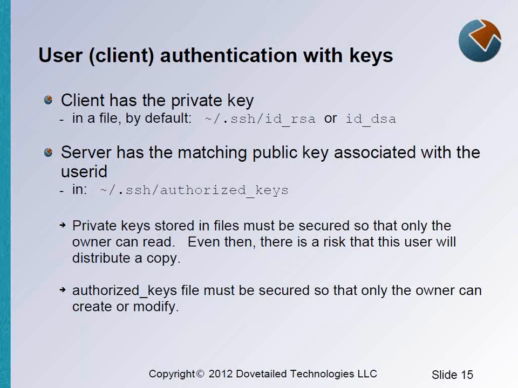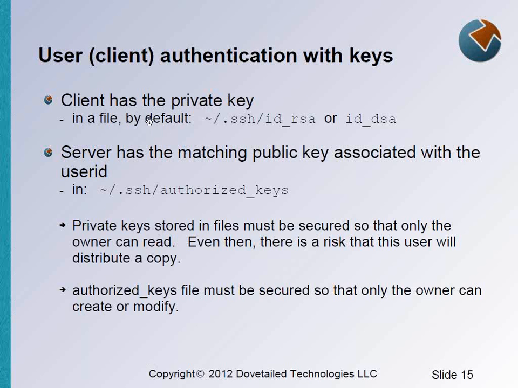The next thing we're going to talk about is the second kind, which is user authentication. What you'll see is that this is very similar, only in reverse. In this case, instead of the host having the private key, the client user has the private key.